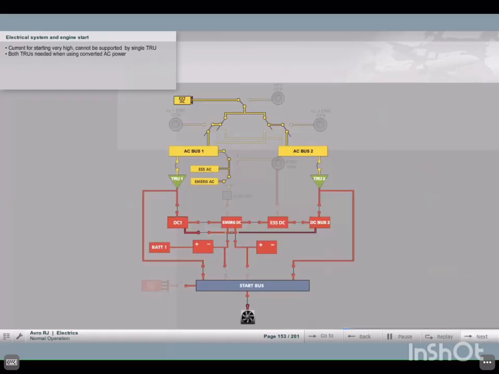The current needed for electrical engine start is so high that it cannot be supplied by a single TRU. We need both TRUs for engine starting when using converted AC power.